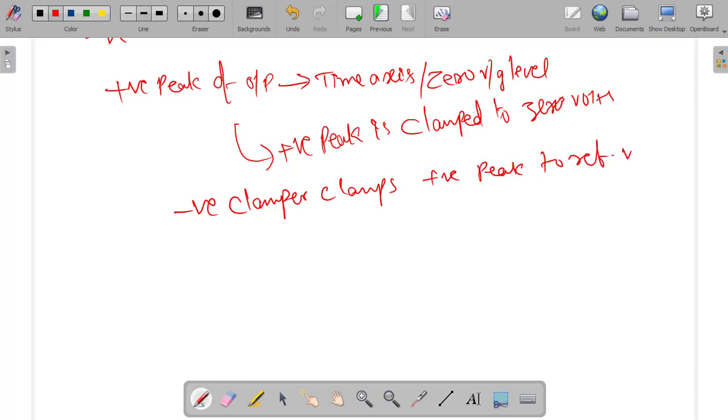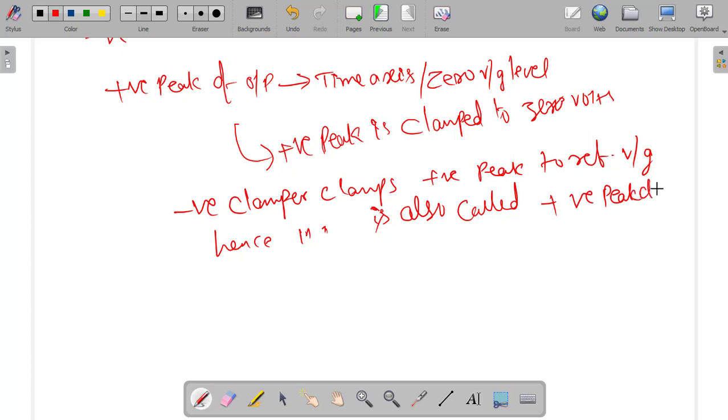Hence, a negative clamper is also called a positive peak clamper. Negative clamper is also called positive peak clamper. Similarly, a positive clamper is also called a negative peak clamper.